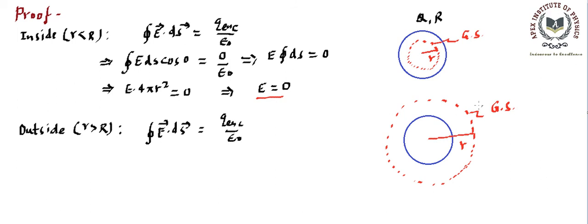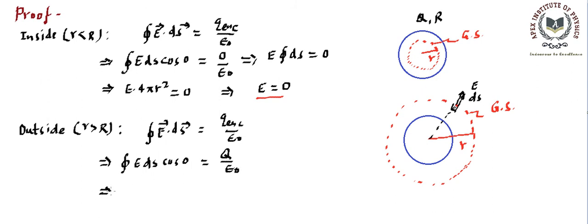If we take any surface element on this surface, we will find the field is going to be radially outward if it is positive charge, and ds is also going to be in the radially outward direction, so they will have a zero angle as earlier. Further simplification will lead to integration E ds cos 0. Cos 0 is 1, and the total charge inside is going to be capital Q, hence capital Q upon epsilon naught on the right hand side.